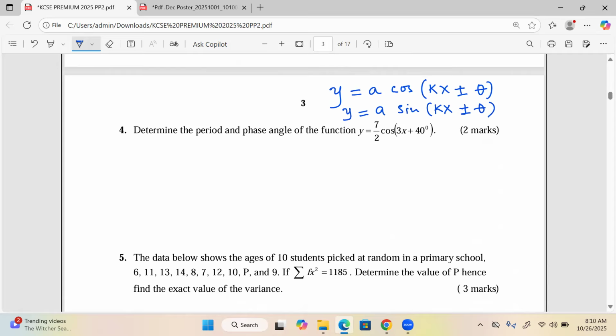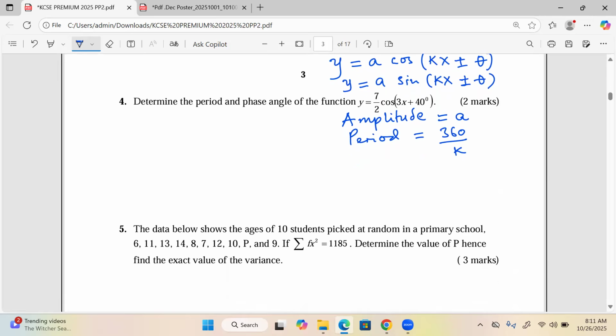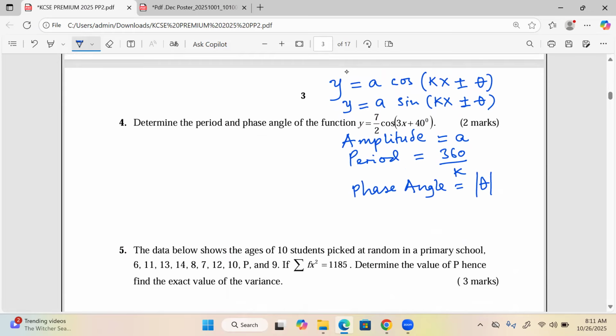With a function like this, then we're supposed to know that amplitude of the wave is given by the value of a, then period of this particular trigonometric wave is given by 360 divided by k, the multiplier of x, then what you call the phase angle. Phase angle is usually given by the absolute value of theta. So if it's minus, we just pick the absolute value.